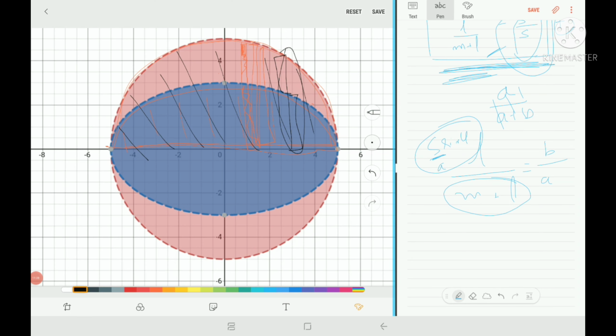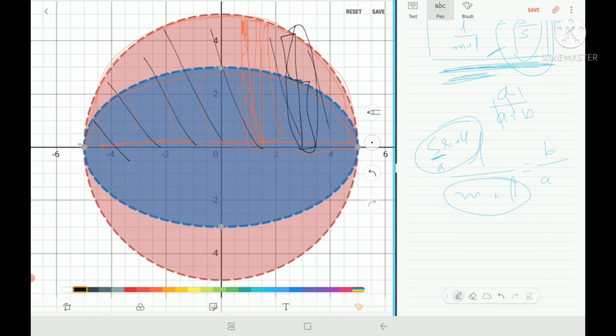Now if you extrapolate this description to the whole circle, what you will end up getting is that the area of this ellipse to the area of this circle is nothing but b by a.